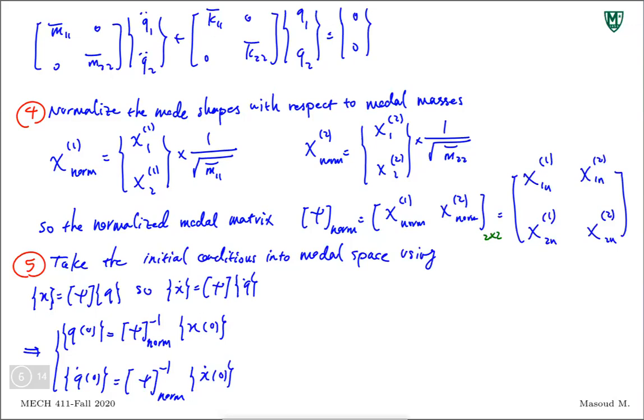Now you might be uncomfortable finding the inverse of a matrix. I would suggest, instead of finding the inverse of a 2 by 2 matrix, you're going to have an easier time with the equivalent: q0 is psi transpose norm, M, x0.